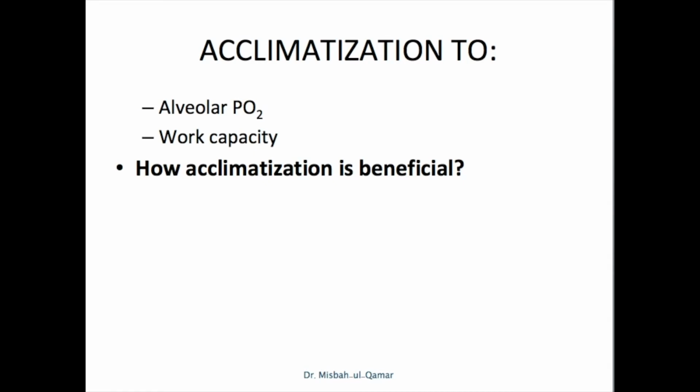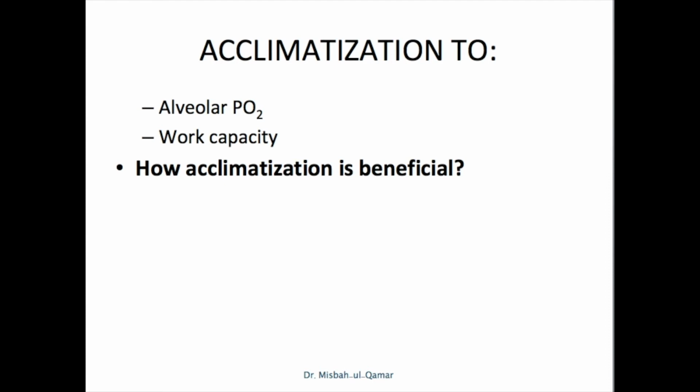Acclimatization may occur in a short period of time to the alveolar partial pressure of oxygen and to work capacity. How is acclimatization to low partial pressure of oxygen beneficial?